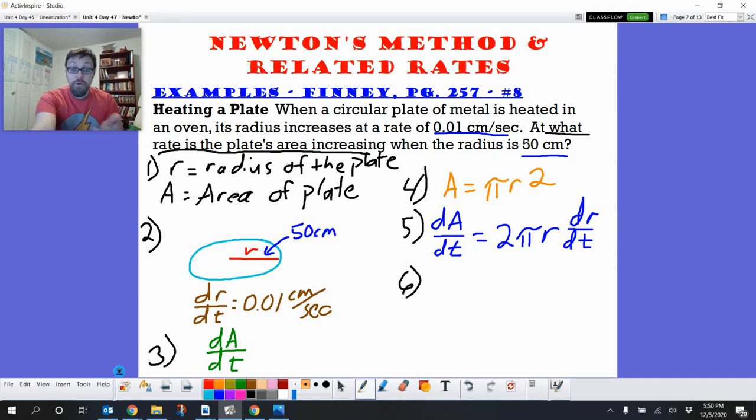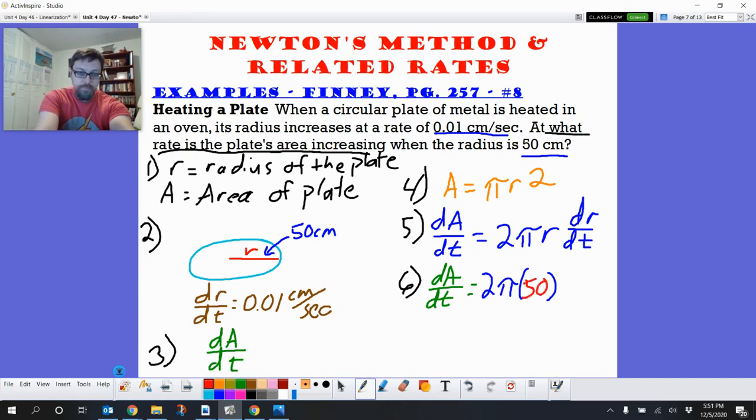In step 6, we're going to put in some of the numbers that we had gotten earlier that we haven't included yet. So I'm trying to figure out dA over dt. I'm real excited. I'm going to make the colors match now. dA over dt equals 2 pi. The radius of my plate at the particular time that I'm interested in is 50 centimeters.